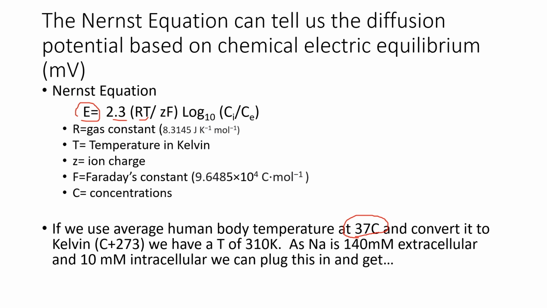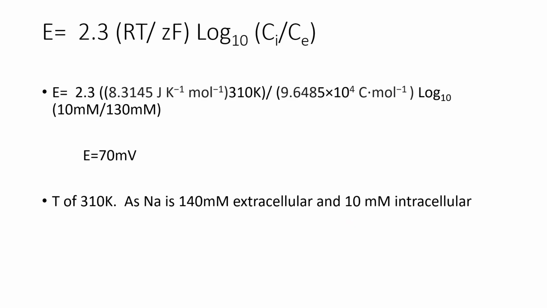And we know that sodium has an extracellular concentration of 140 and an inner concentration of 10. And so when we plug it into the equation, what we can see is that sodium has a positive 70 millivolts, and so it's going to be trying to move into the cell.